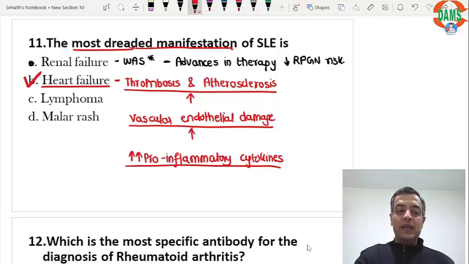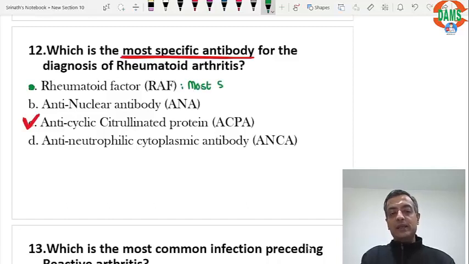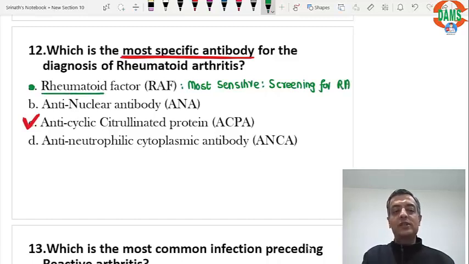The most specific antibody for the diagnosis of rheumatoid arthritis is the anti-CCP, that is anti-cyclic citrullinated protein. The rheumatoid factor is the most sensitive antibody, preferred for screening in a case of rheumatoid arthritis.